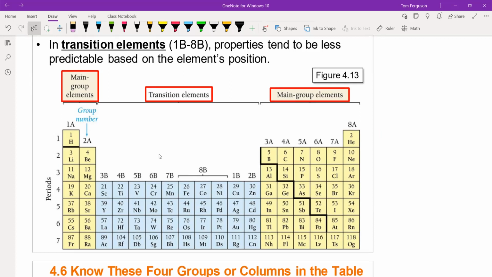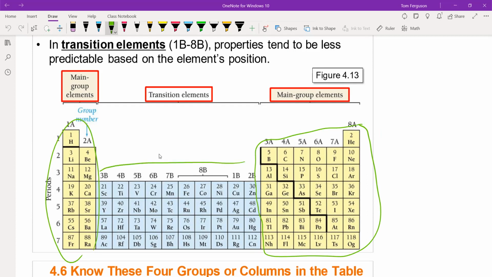Another way is that you have the group in the middle, the blues there are called transition elements.